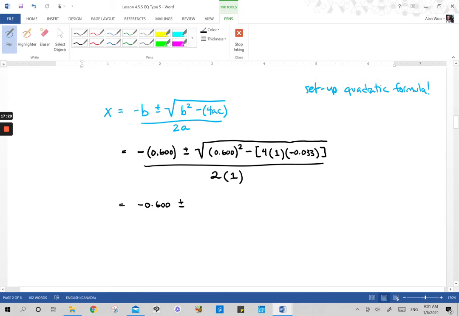Now I'm going to show every step. Okay, and I know that when you're doing the work, you probably won't show every single step. Okay, but I do want you to show at least some of the steps. So 0.6 squared becomes 0.36. Okay, minus. Now everything in this big bracket here comes out to be negative 0.132.